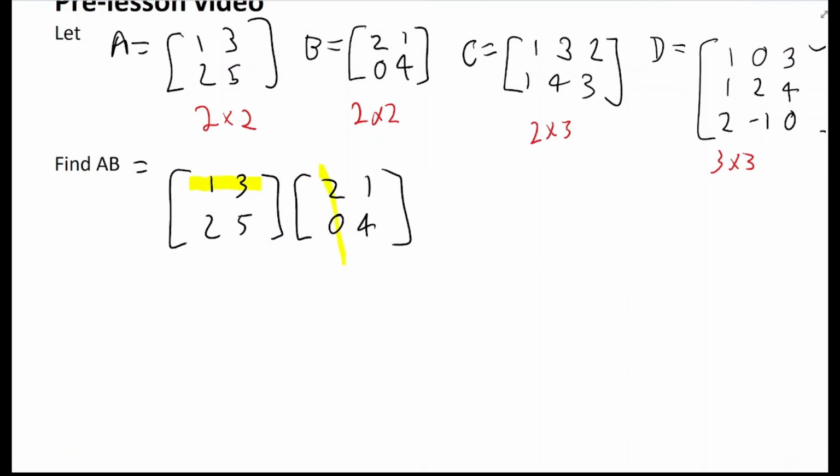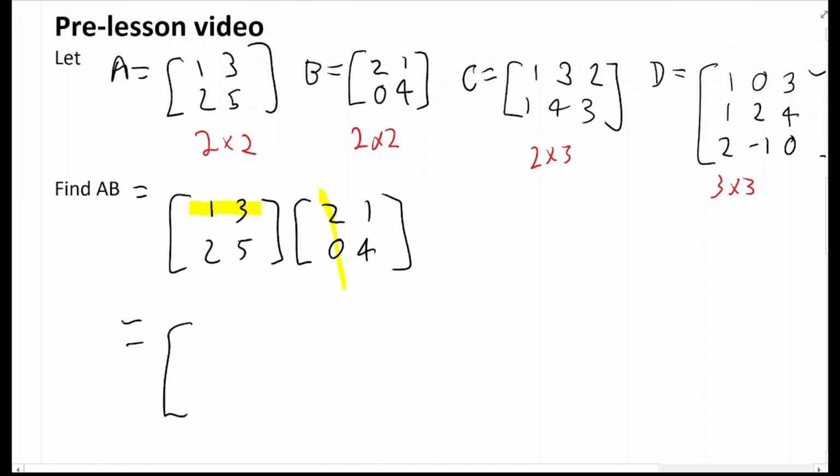So we get 1 times 2 as our first bit, plus 3 times 0. You pair up each one: the first ones together and the second ones together. That is the very first number in our matrix, whatever that ends up being. For our next entry, we make that pair, 1 times 1, plus 3 times 4.